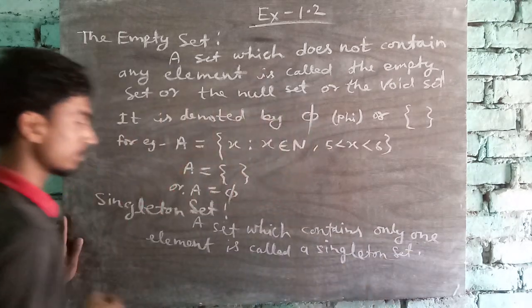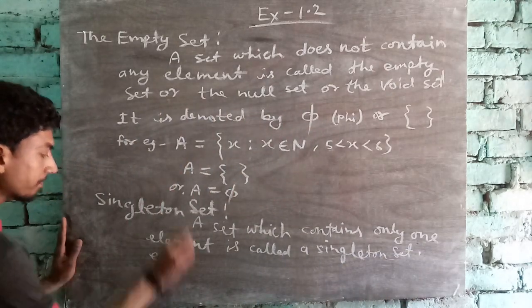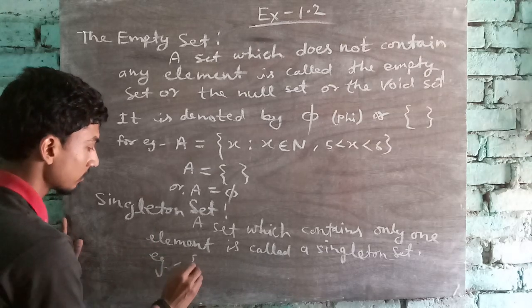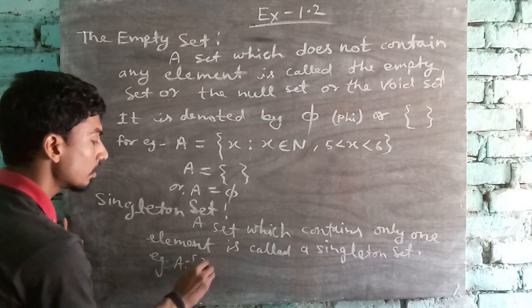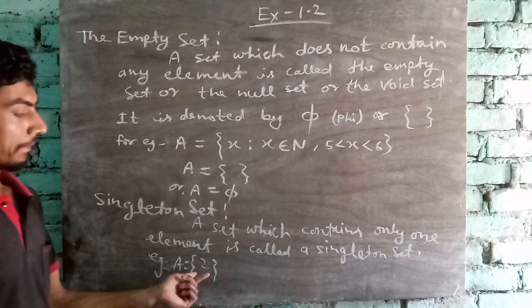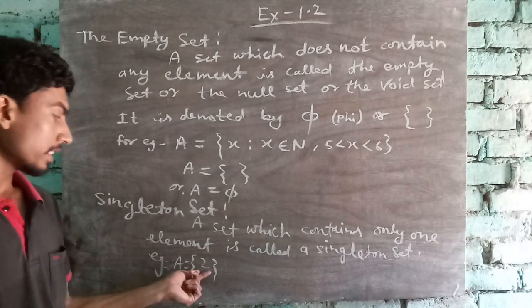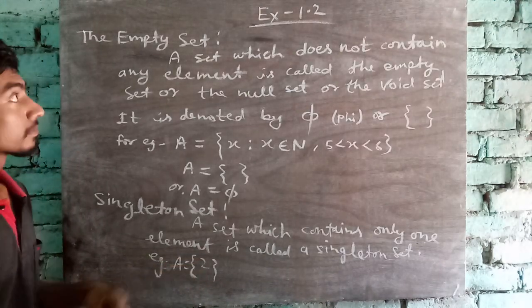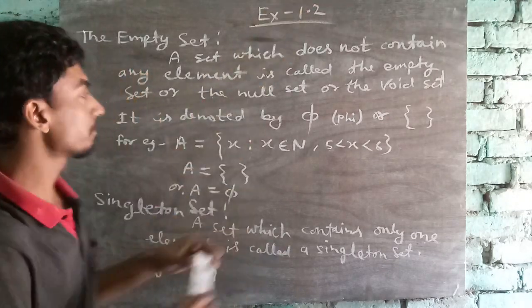For example, a set A is equal to {2}. Here the element is only 1, therefore it is a singleton set.